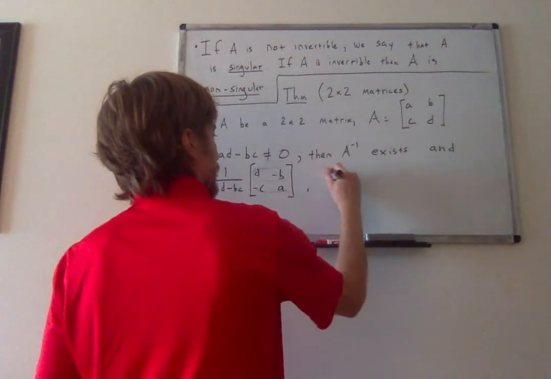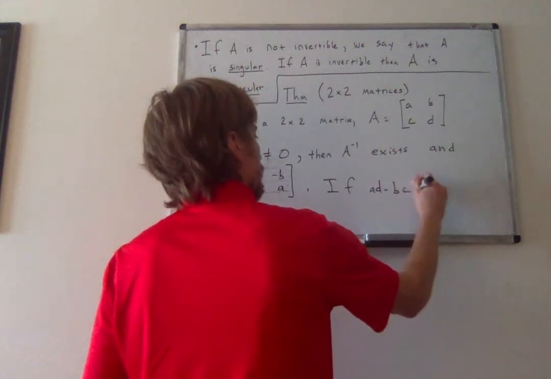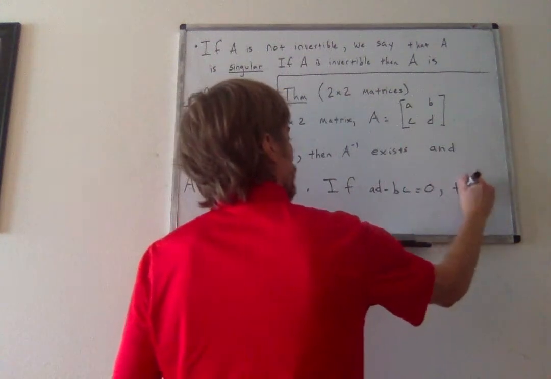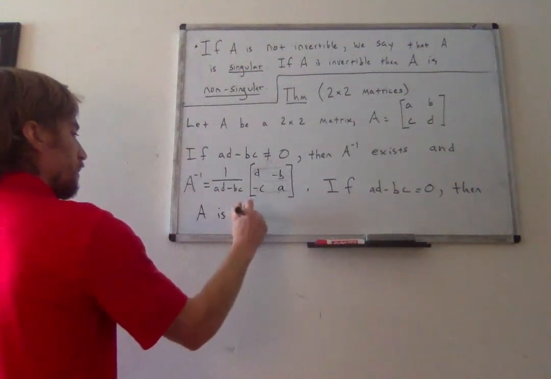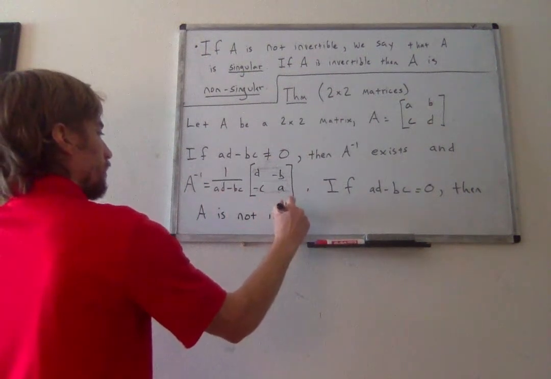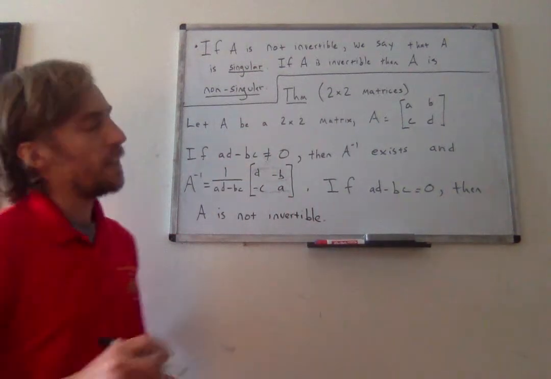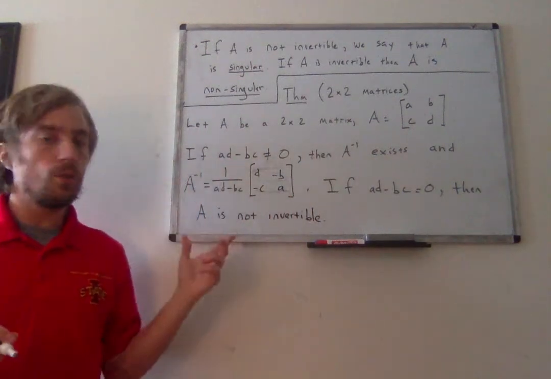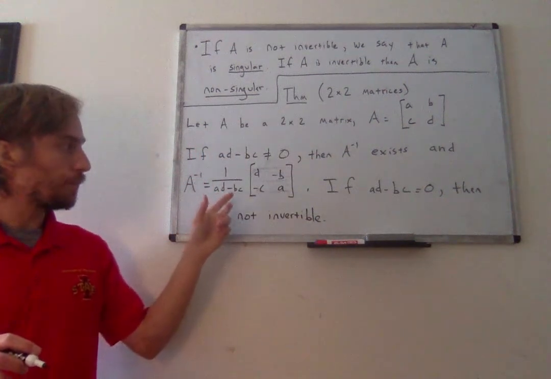What's really nice is if AD minus BC is equal to 0, then A is not invertible. So this is a very, very nice case where for 2 by 2 matrices, we can quickly determine the inverse of the matrix.